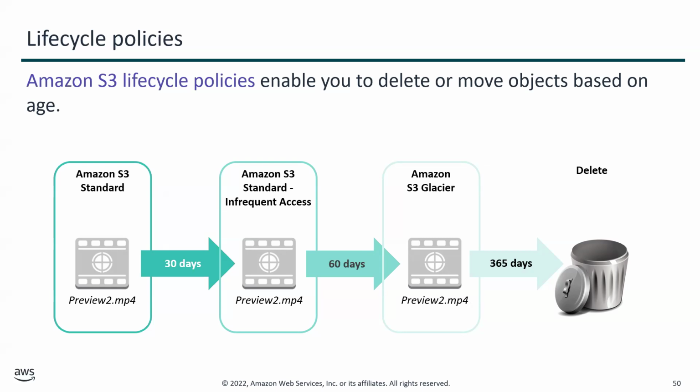Here, you can keep it for 60 days. If someone accesses your preview MP4, it will automatically move back to standard access, and you will get low latency retrieval anyway. After 60 days, you can simply move it to Amazon S3 Glacier. You can set it up so that after a year, you can delete.